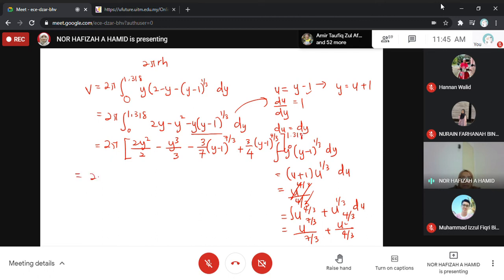So equal to 2 pi times the upper value minus the lower value. So the answer is 4.91 units cubed. Okay, so this is the answer for example 19B.